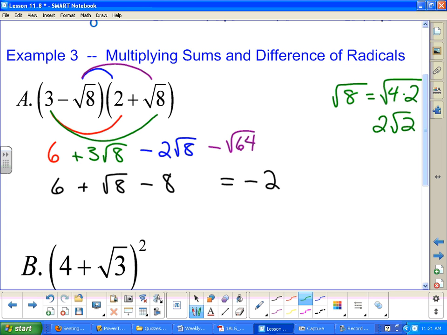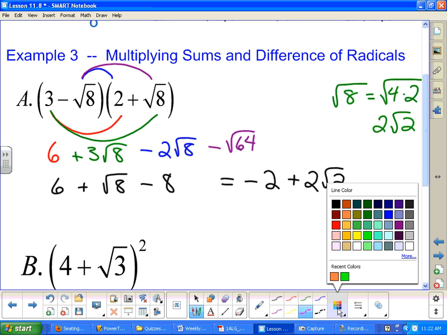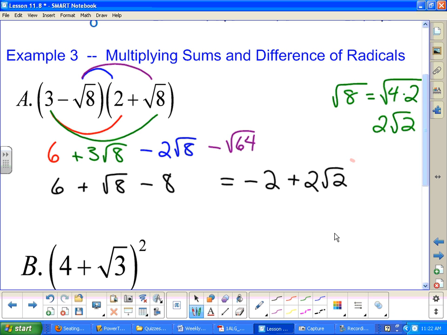That should be one that you put in your memory bank. All right, so this is negative 2 plus 2 square roots of 2.